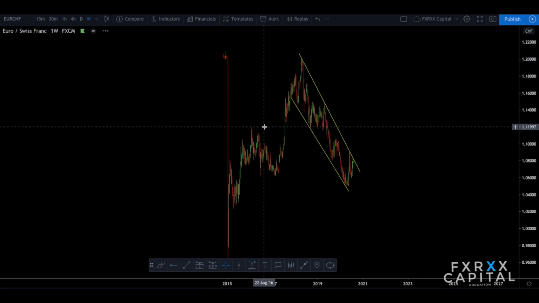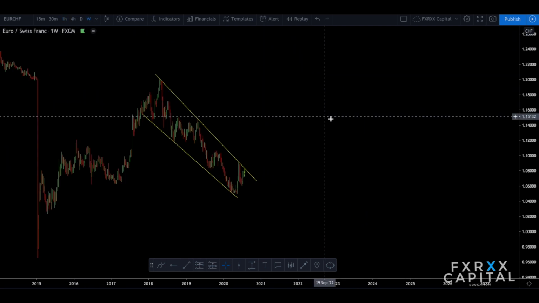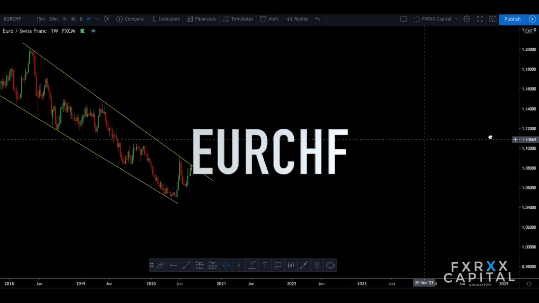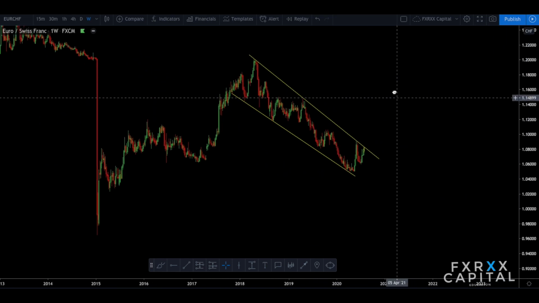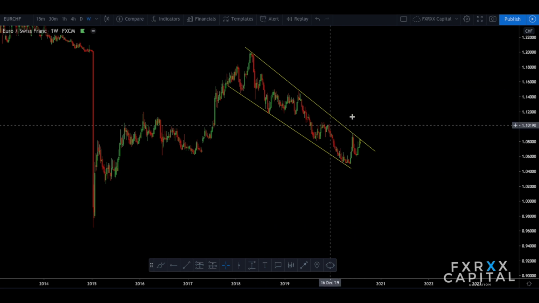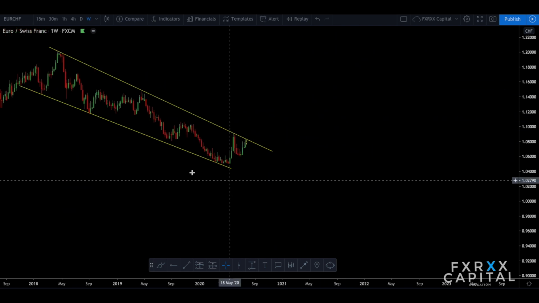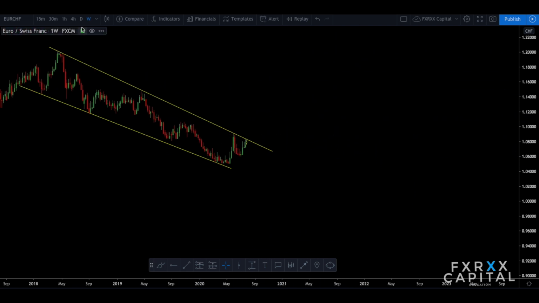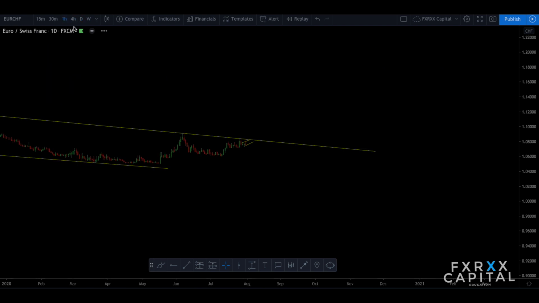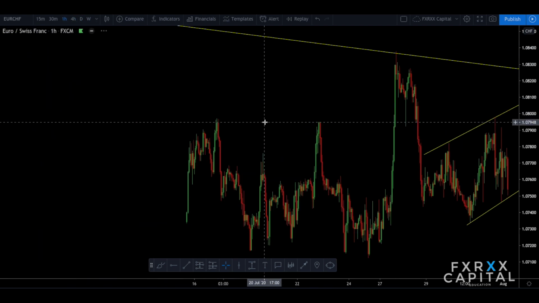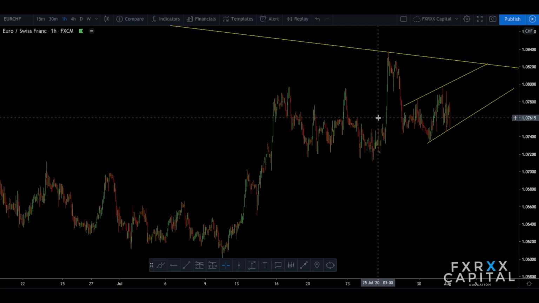Next pair is Euro Swiss franc. Price is in a descending channel, moving correctively downward and approaching the high time frame area. In that case, we will zoom in on the lower time frame.